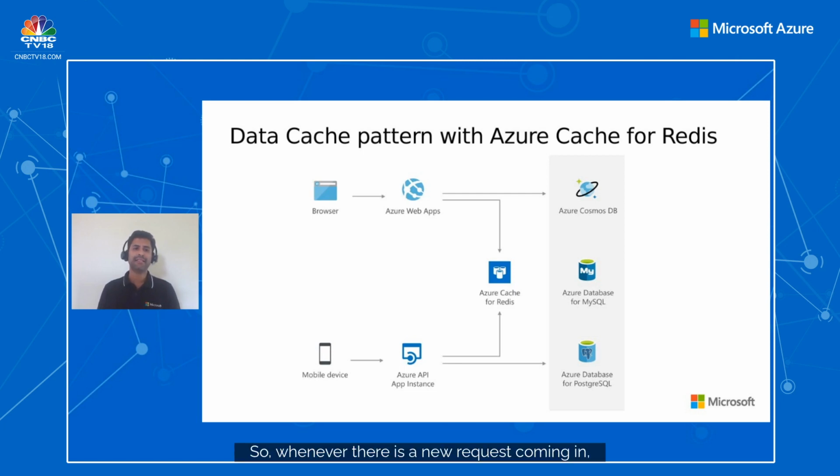Whenever a new request comes in, it is usually looked up in Redis first, and if the data is already there, it will be immediately returned. But in the first transaction, Redis will be empty, so you will query the database in the backend, store a copy of the data in Redis, and then send the data back to the browser.